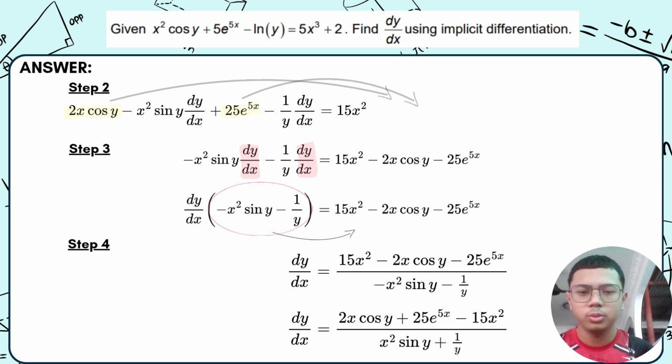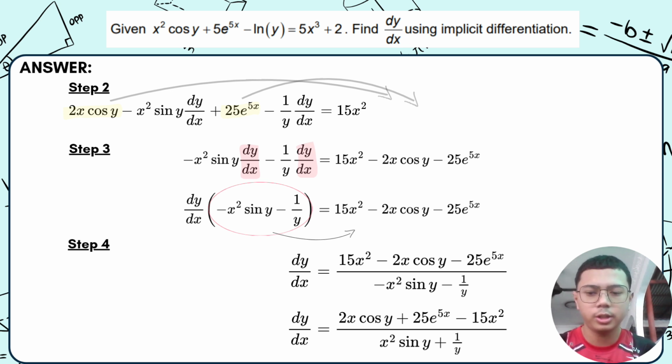For step 4, we can solve for dy over dx, but before that, we must move negative x power 2 sin y minus 1 over y to the right, and the answer looks like 15x power 2 minus 2x cos y minus 25e power 5x over negative x power 2 sin y minus 1 over y.